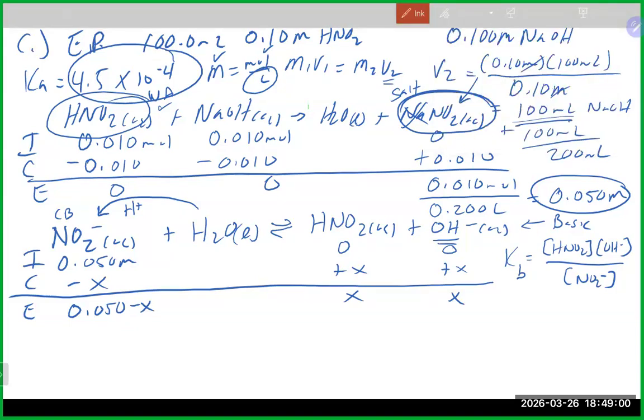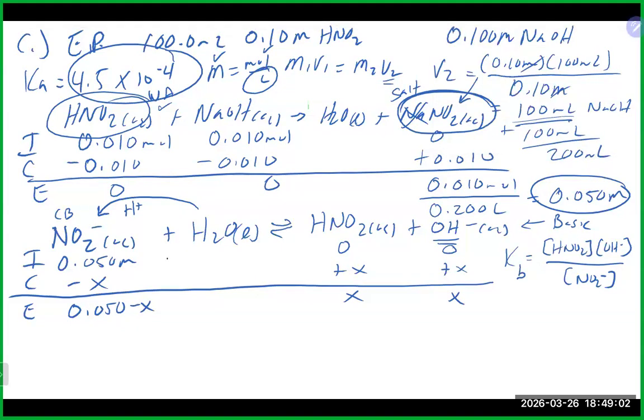That is where we could use our Kw. So the Kb, I'll just do it right here in the center, is going to be 1 times 10 to the minus 14 divided by our Ka, 4.5 times 10 to the minus 4. And that is going to be 2.2 times 10 to the minus 11.